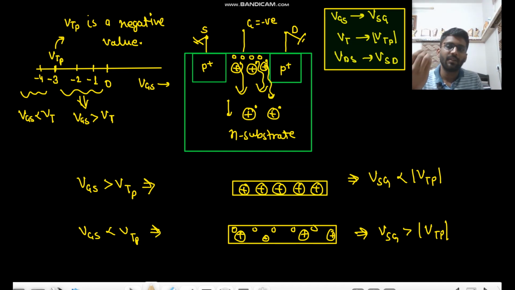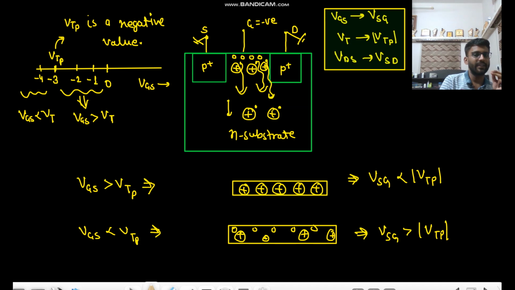If VGS is minus 4 volt, that means VSG is 4 volt. If VGS is minus 5 volt, that means VSG is 5 volt. So VSG is completely opposite. If VGS1 is greater than VGS2, that means VSG1 is less than VSG2. You are understanding? Simple mathematics, 7th or 8th class problem.